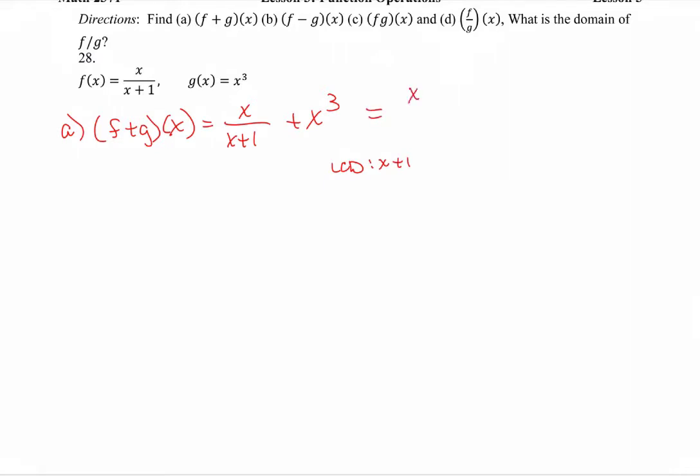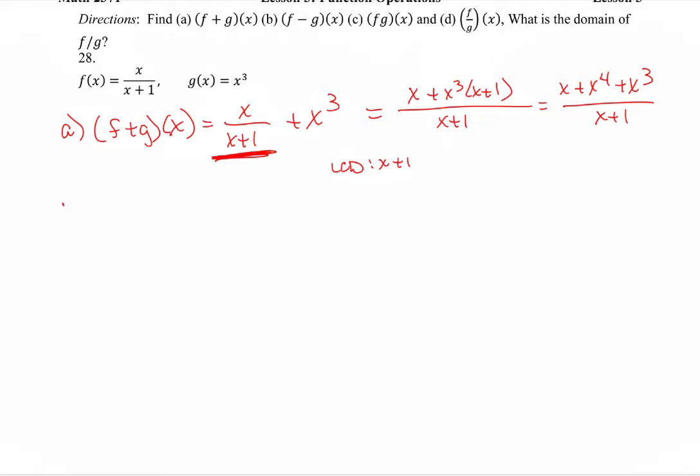So that's going to be x plus x cubed times x plus 1 over x plus 1, because they're both now over the same LCD. So what we get is x plus x to the 4th plus x cubed all over x plus 1. Our domain hasn't changed because we still had the domain here that x could not be negative 1.